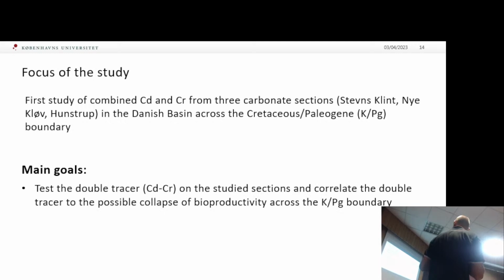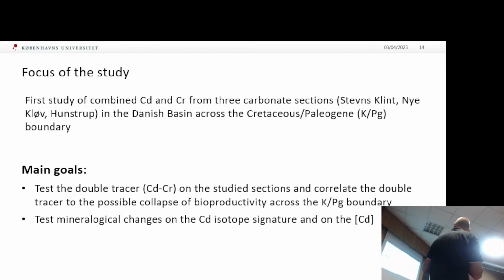So the main goal was again to test the double trace of cadmium and chromium, and correlate the double trace to the possible collapse of bioproductivity across that boundary.